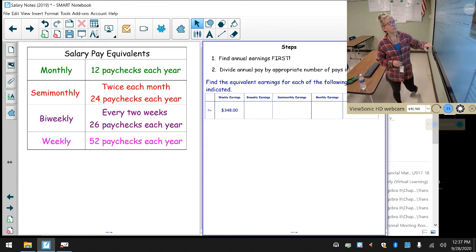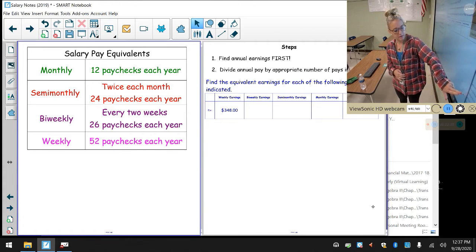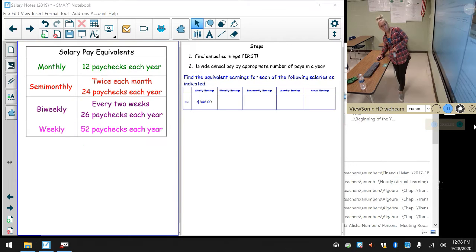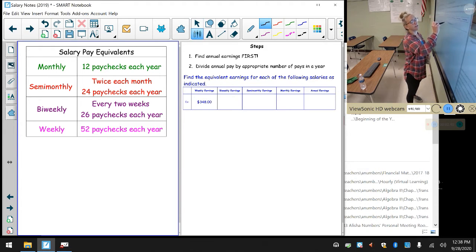Well, if you get paid $348 a week, how do I calculate how much that is annually? Let me minimize this. There we go. Now we can see the entire screen. I'm going to go from weekly to annual, which is my step 1. I'm going to take 348 and multiply by however many weeks there are in a year.